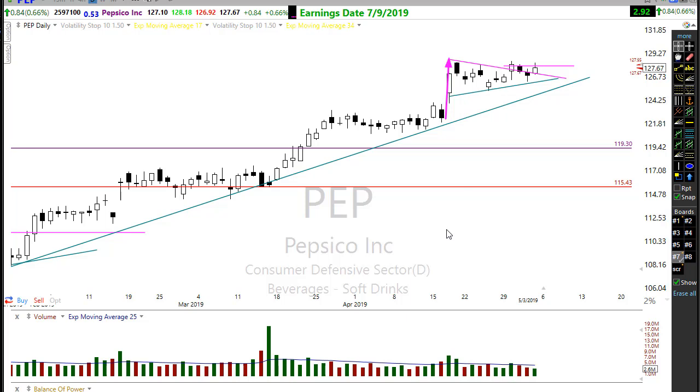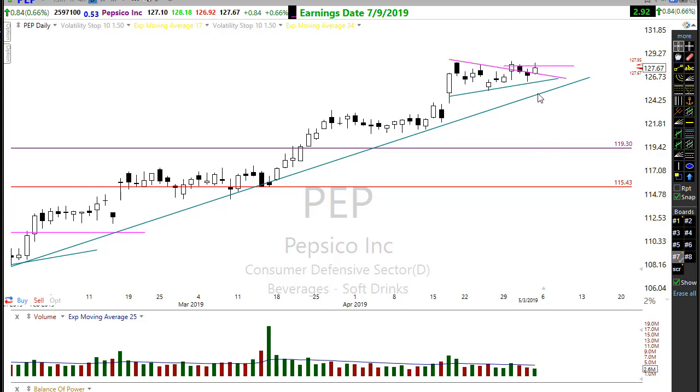Now, the pennant pattern is also one of those nice continuation patterns that you want to watch for. This one happened to break here early, and notice that it came back. It broke early, it came back, and it's moving out here toward the tip of this pennant. And then we finally, yesterday, get that confirmation of support being held in here.